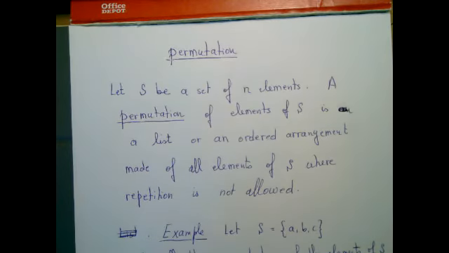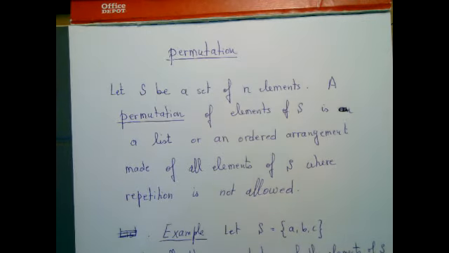So it's a list or an ordered arrangement made of all the elements of S. So if you have a set of elements, a permutation of the elements is just an ordered arrangement made of all the elements of it, where repetition is not allowed.